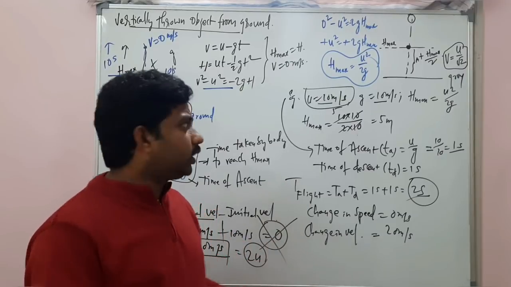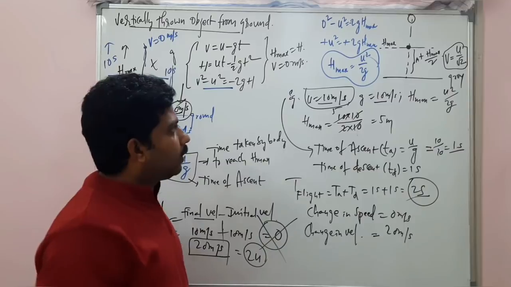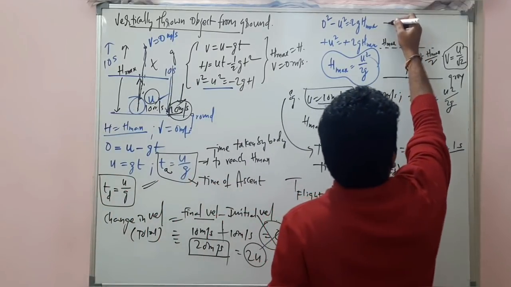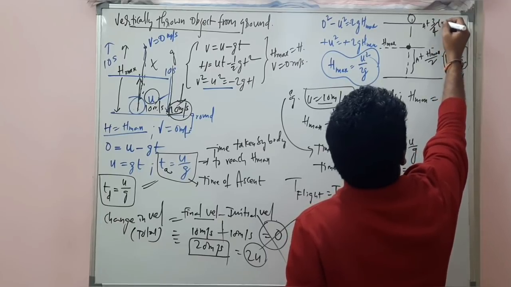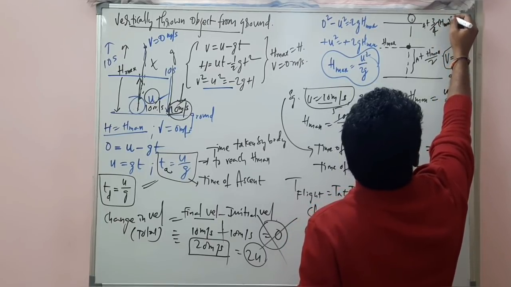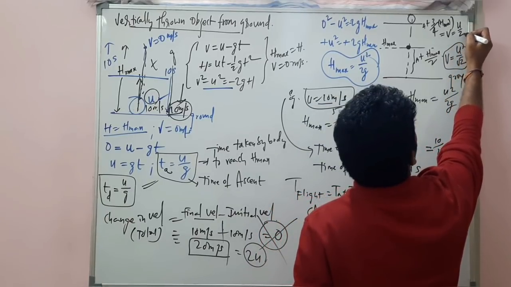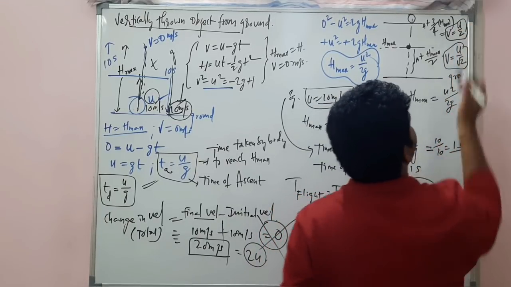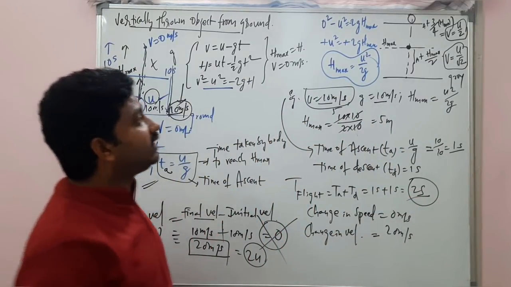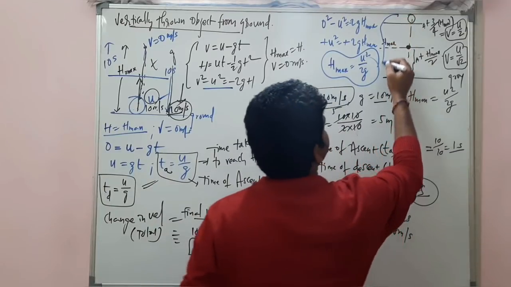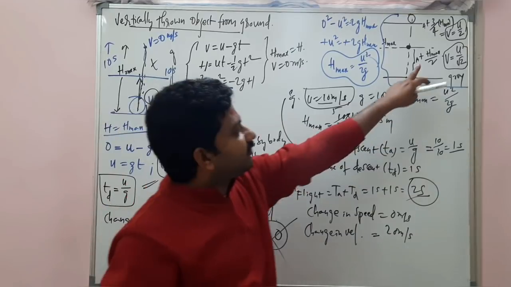You can derive it if you want by using equations of motion here. Now, for example, at 3 by 4 of maximum height, the velocity will be u by 2. Remember those two values, my dear students, they're very important for competitive purposes. Alright?